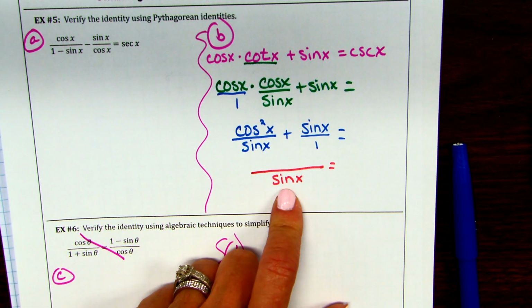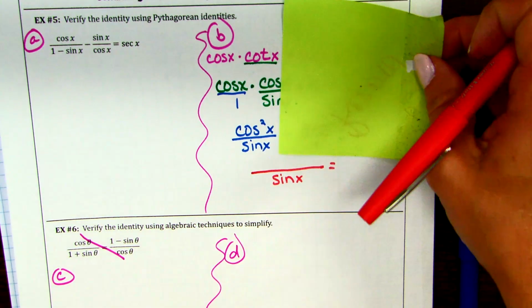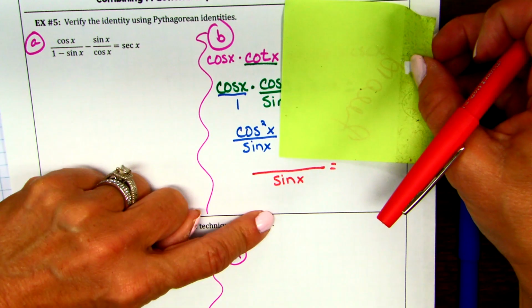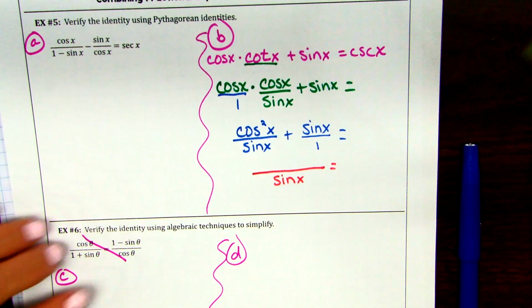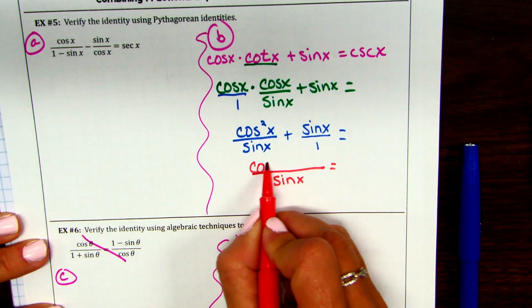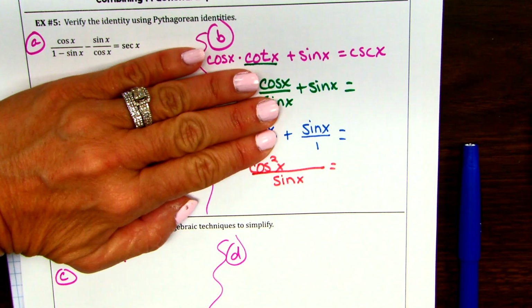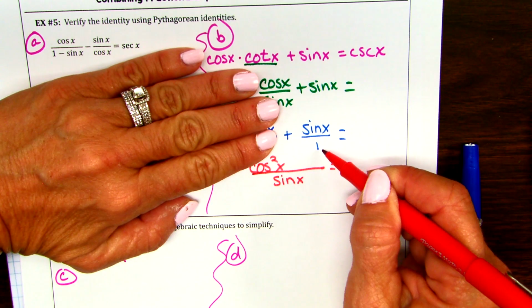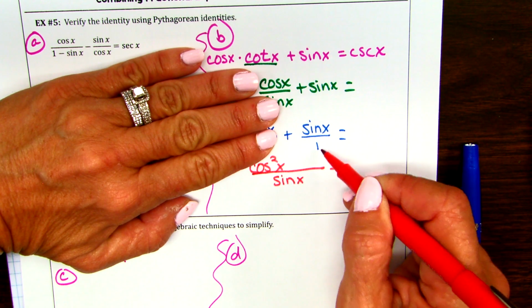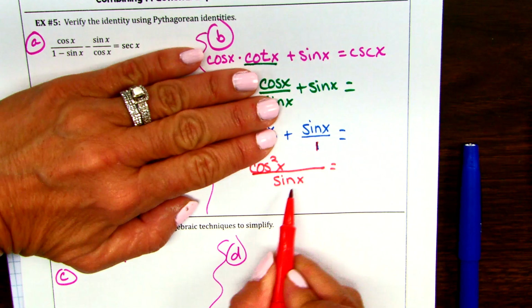And then I'm going to take each fraction one at a time. So looking at that fraction, it already has the correct denominator. I don't need to do anything to that fraction. I'm just going to bring down cosine squared x. That fraction is done. But over here, I don't have the correct denominator. So what you do is you multiply the current denominator by what you want it to be, right?